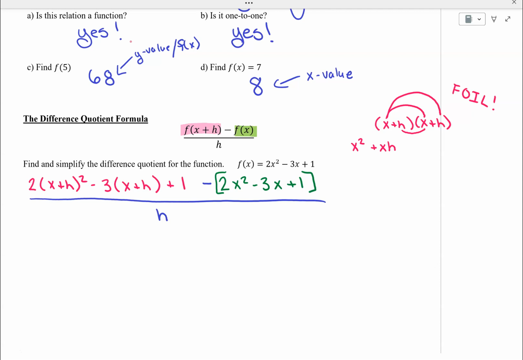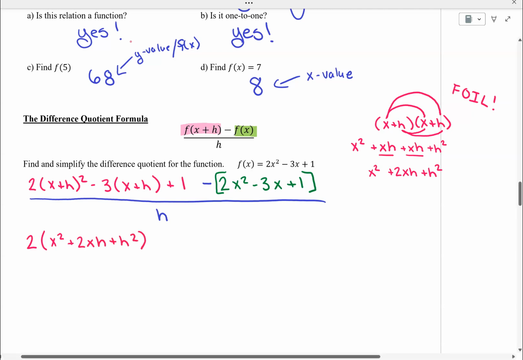Your inner, which is h times x, which is another hx. And then your last, which is h times h, which is h squared. You have two of these in the middle, so an xh plus xh becomes a 2xh. And then I'm going to drop down my h squared and my x squared. Okay? So that means this will change to 2 times x squared plus 2xh plus h squared.